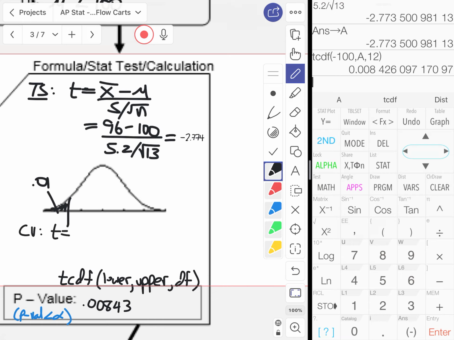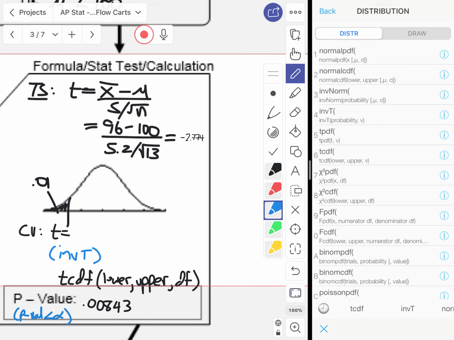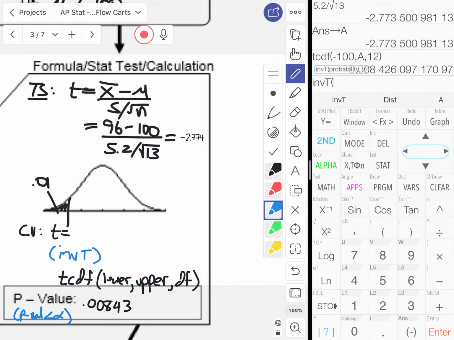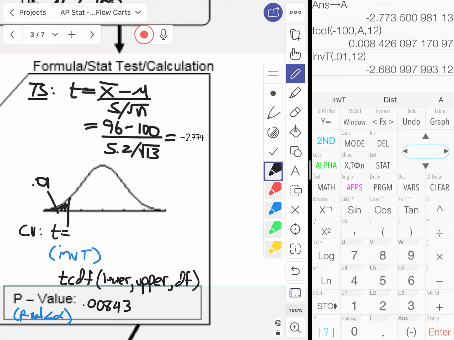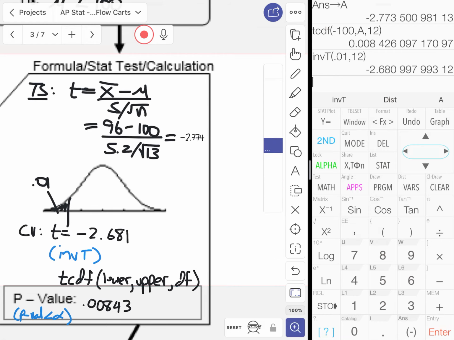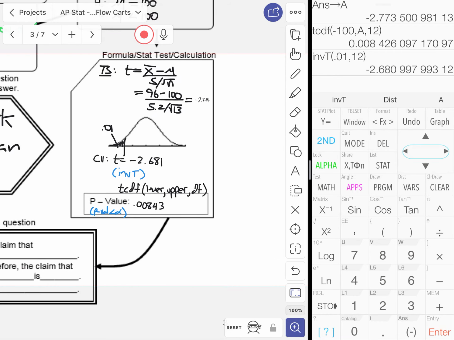We're going to do that by using the inverse t. So second vars, inverse t, and then it's 0.01 with 12 degrees of freedom. So we're looking at negative 2.681. All right, so either way, we're getting the idea that we should be rejecting the null hypothesis.